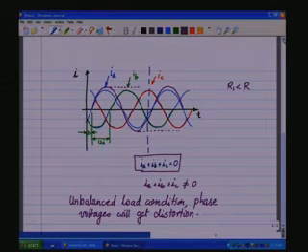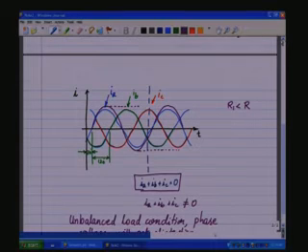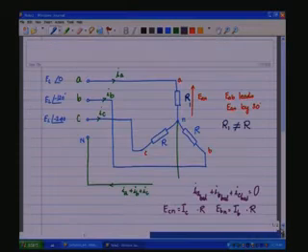So, therefore, when we have a situation that the load may be unbalanced, then one has to connect the neutral of the star connected load to the neutral of the source, so that there is a path for the unbalanced currents to flow through the neutral wire.